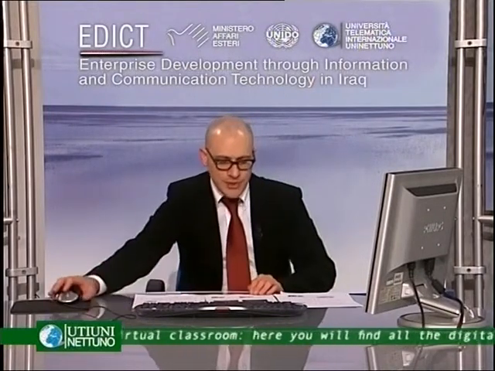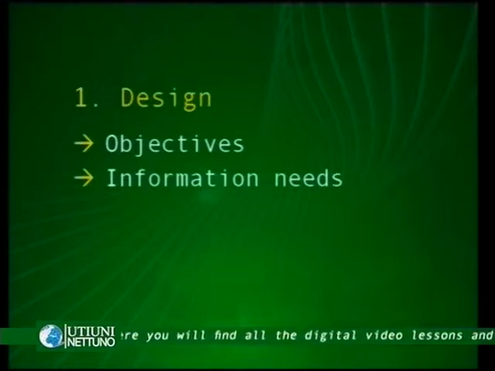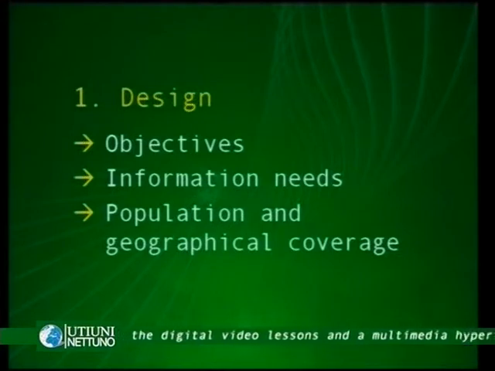So, just to be a little bit more specific about the process design, we have the objectives, we have the information needs, we have the expected population and geographical coverage.